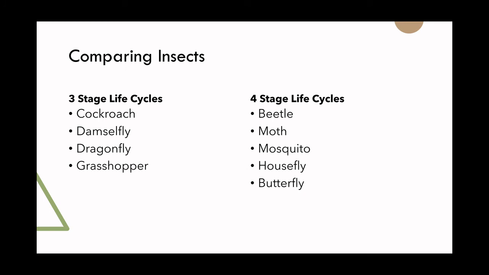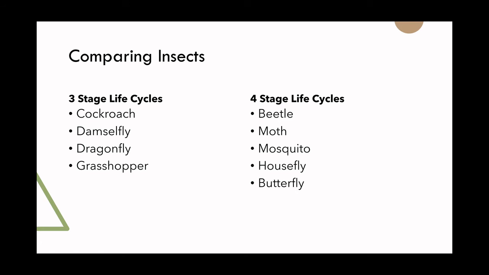Now, this is something that students often get wrong during exams because they cannot remember 3-stage life cycle and 4-stage life cycle insects. These are the commonly tested ones. I don't want you to memorize too many things, so just memorize these few. This will usually come up for exams when they talk about 3-stage life cycle insects and 4-stage life cycle insects.